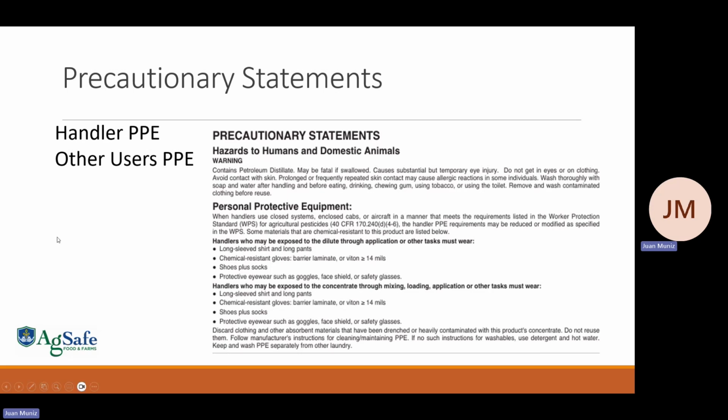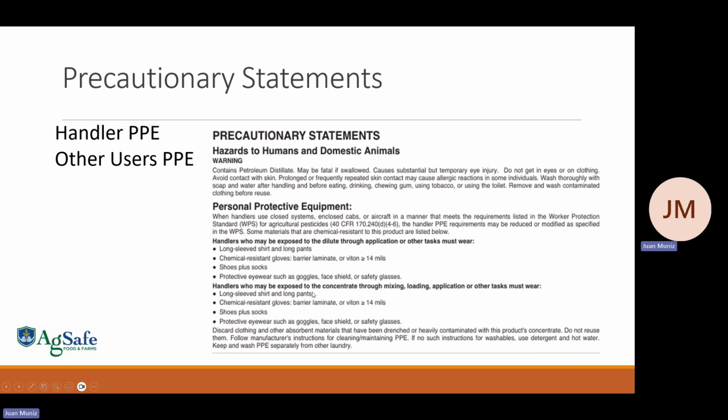So this first section says if you are exposed to dilute, that means it's already in a diluted form, and typically that is something that can indicate that it is intended for applicators. So this is the section speaking to applicators. Handlers who may be exposed to the concentrate through mixing, loading, application, or other tasks must wear the following.